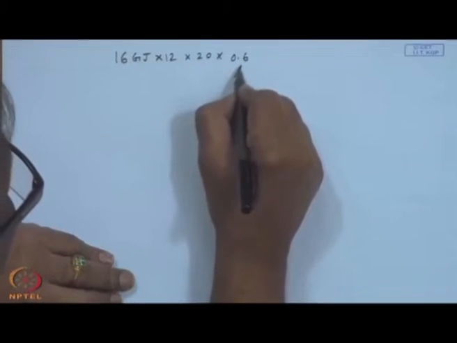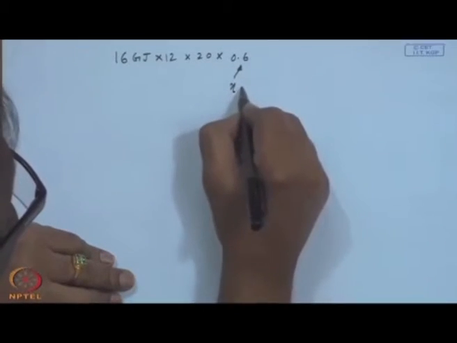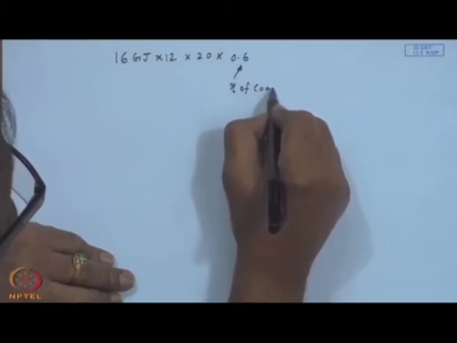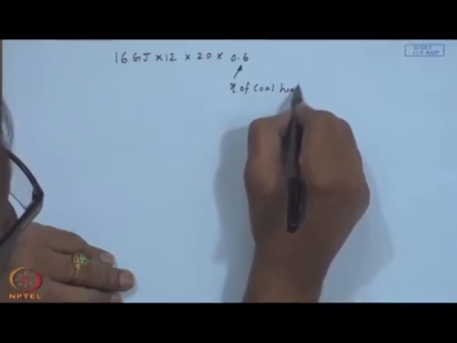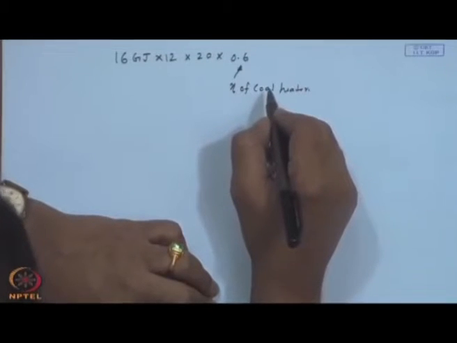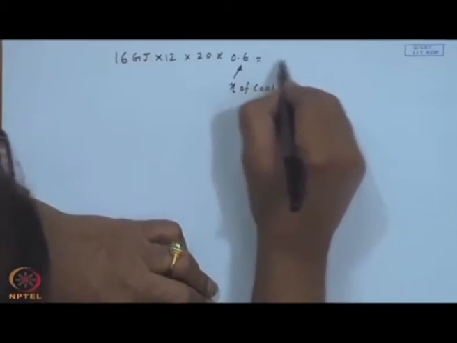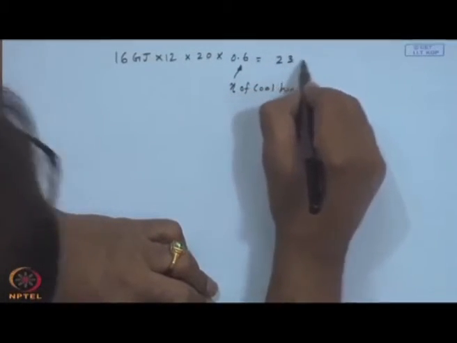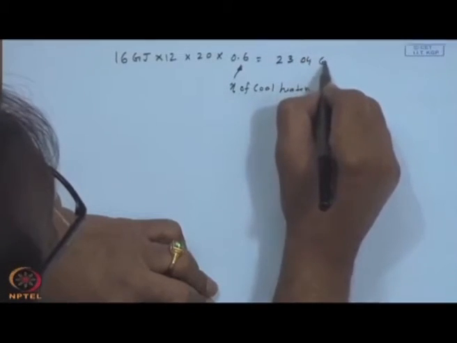This is the efficiency of the coal heater. I use a boiler using coal at 60% efficiency, reasonable. That comes to 2304 gigajoules.